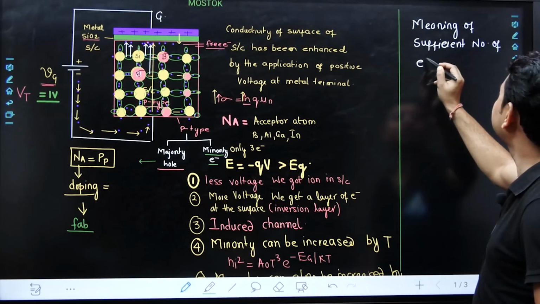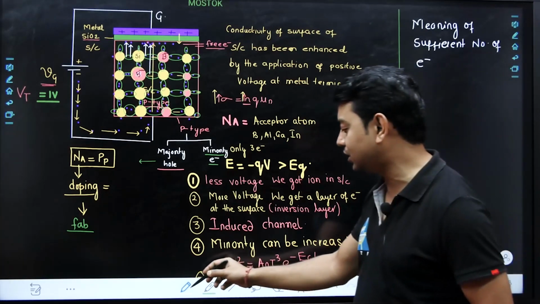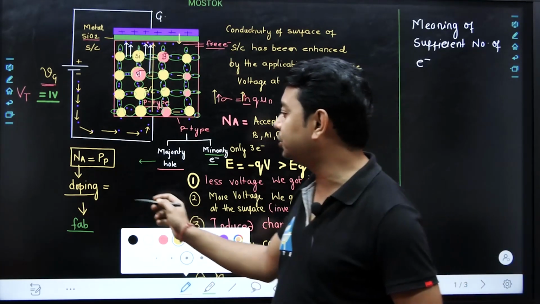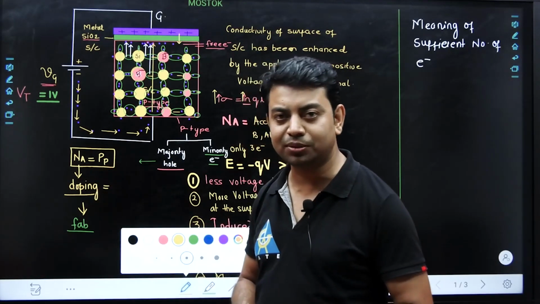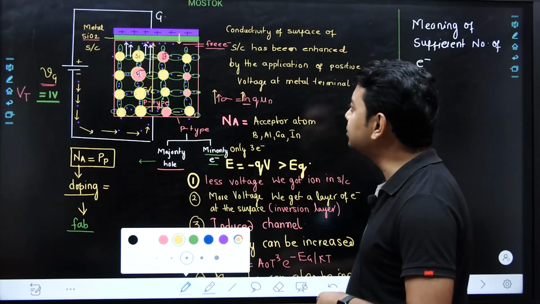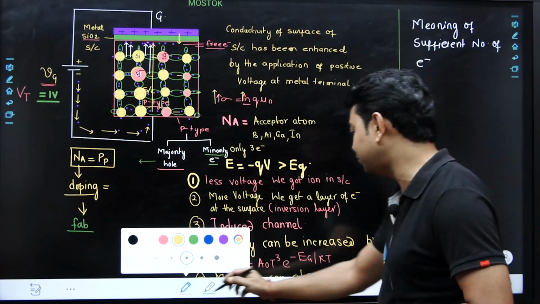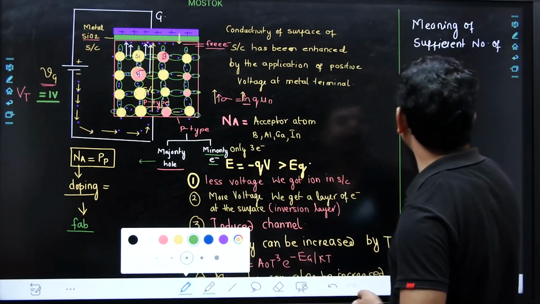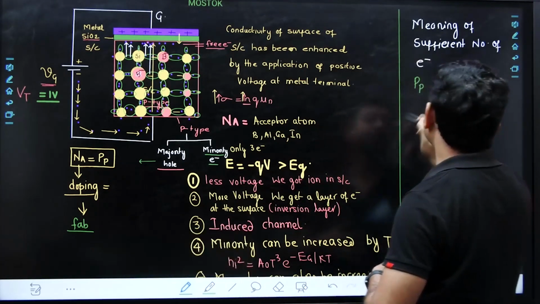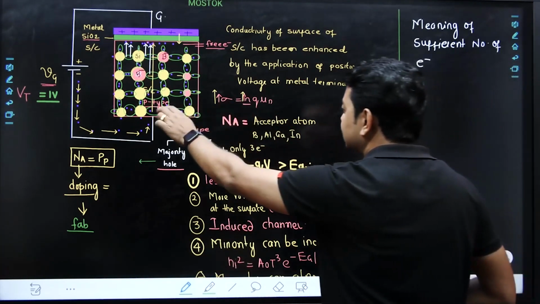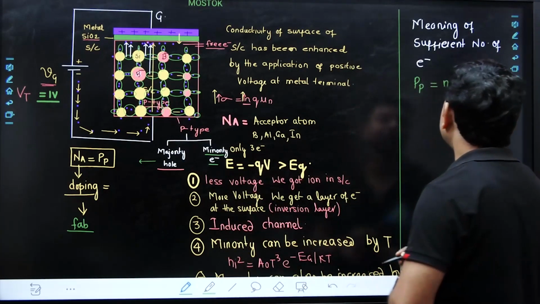We can say that sufficient number of electrons means the concentration of electrons increased so high that it will be equal to the doping concentration of holes or the acceptor atoms in the p-type semiconductor. So I can say that the free electrons concentration here, at some particular voltage, if it is equal to the holes concentration or the majority charge concentration of the semiconductor, then I can write that we are having the sufficient number of electrons.